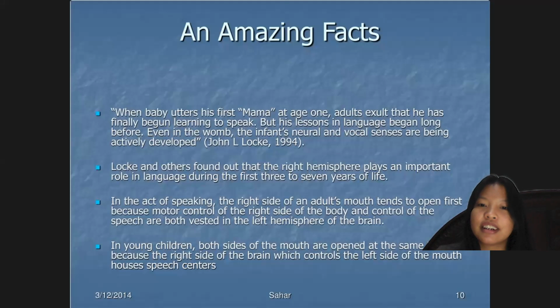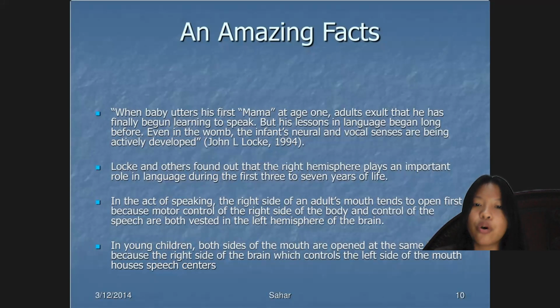Okay, next, an amazing fact. We can say this is also an example. When a baby utters his first "mama" at age 1, adults exult that he has finally begun learning to speak, but his lessons in language began long before.